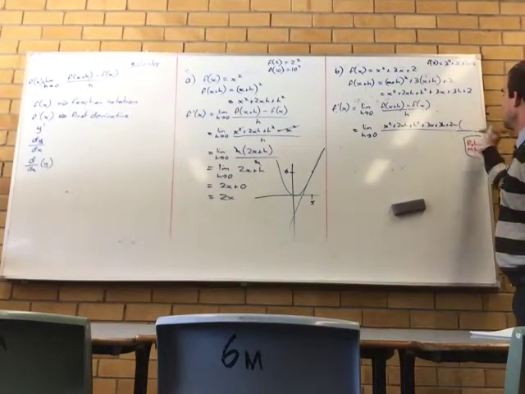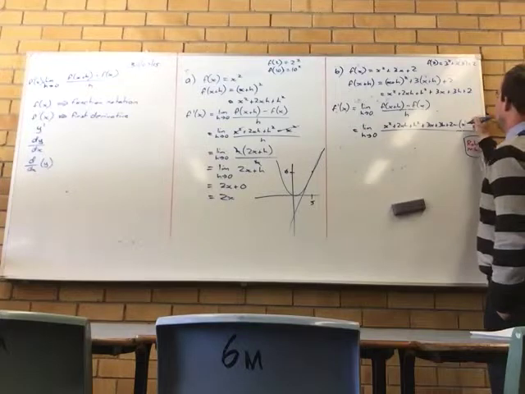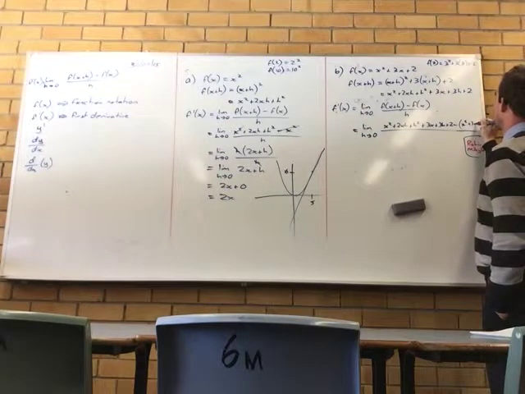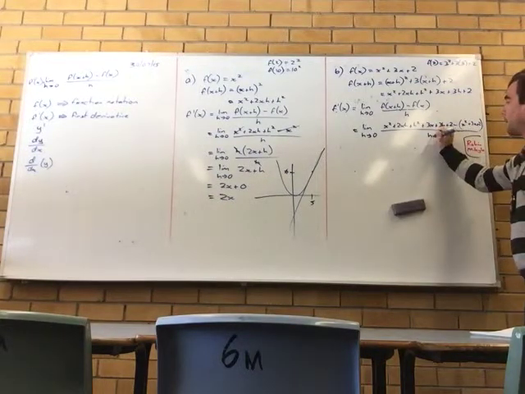So take away, now you need your brackets because there's more than one term for f of x of the original function, all over h.